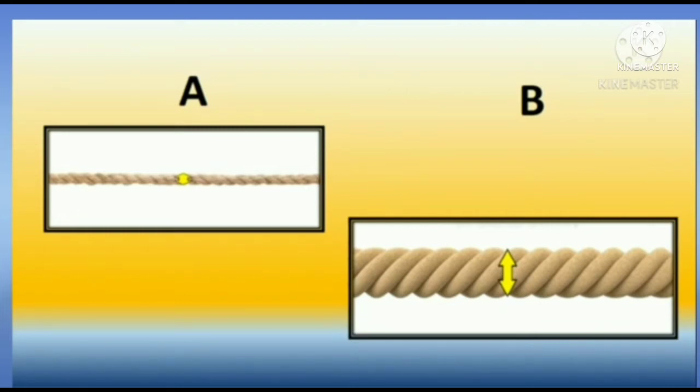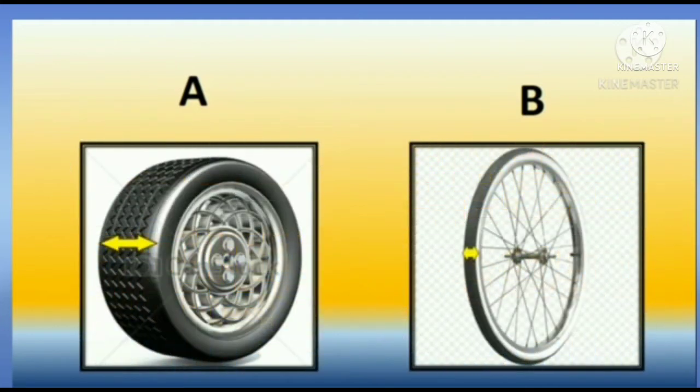Now, look at one more example. Now students, let's see. What do we have here? We have two tires. Tire A is the car tire and tire B is the cycle tire.